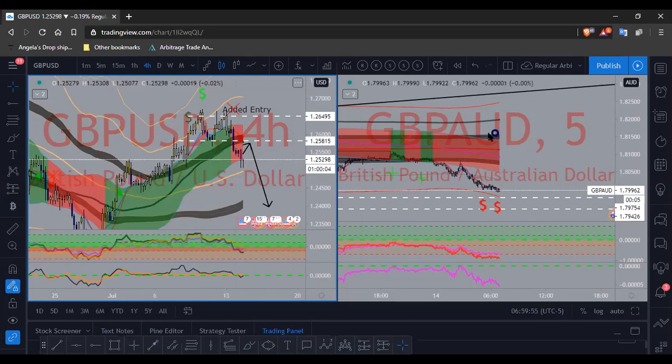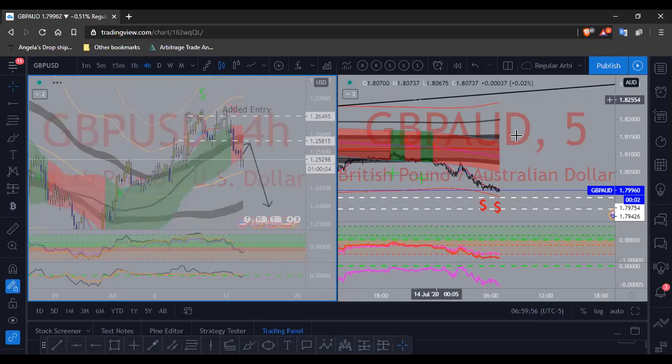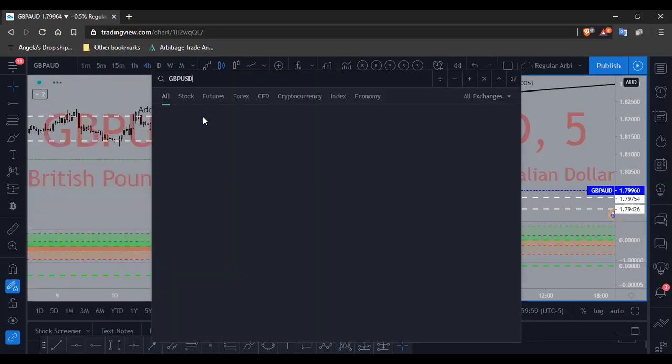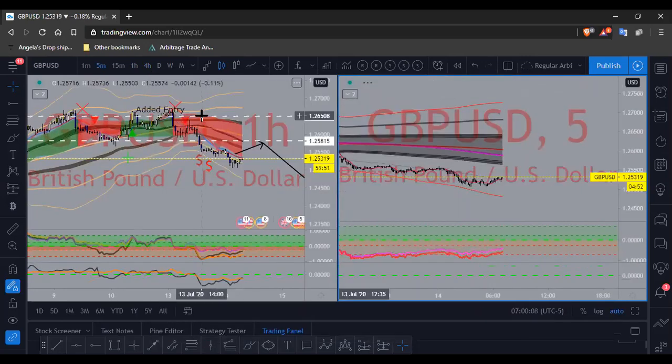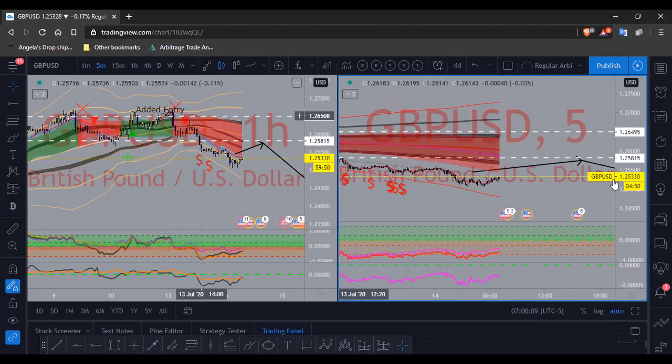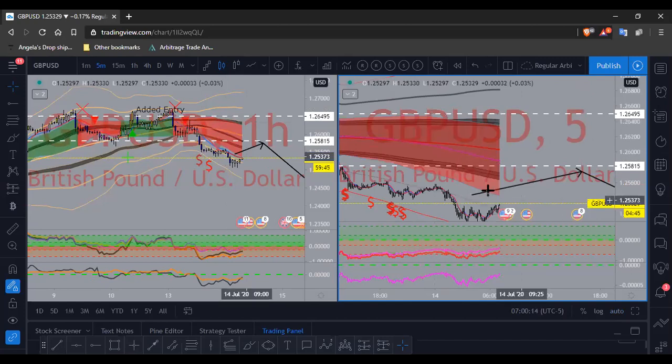I'll take the hour time frame and let me go on to the left side as well. Yeah, nothing's really changed for me. I would definitely love if price can do that this morning. That would be great for it to come up and then retest this level, which would be the RSI line, once it comes down a little more, and then drop.